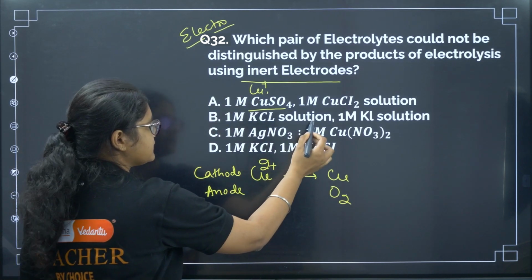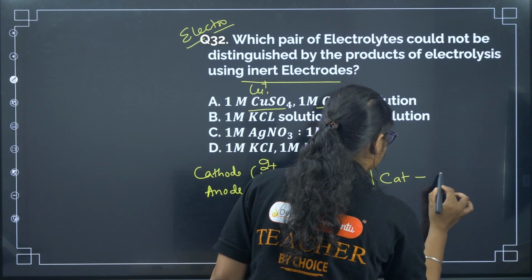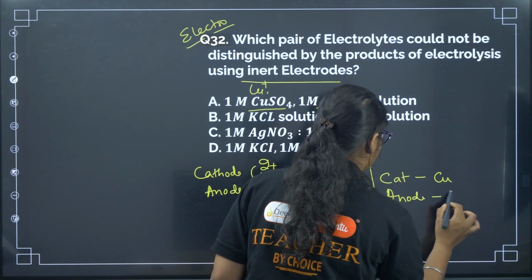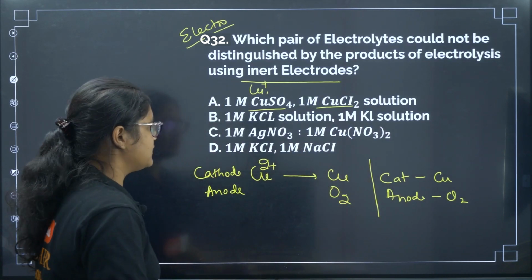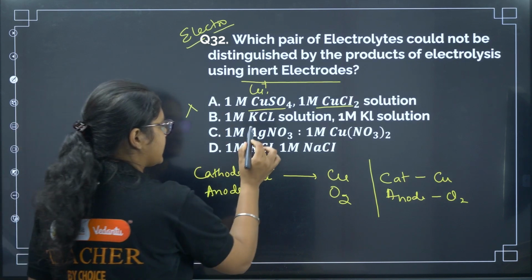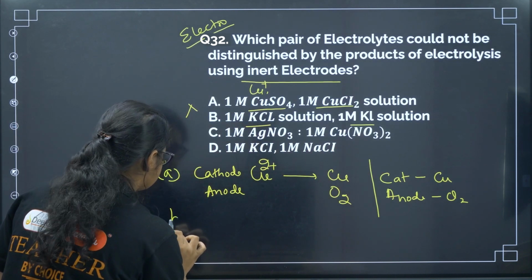Now in the case of copper chloride, what will happen? At the cathode we will have copper, and at the anode we will have chlorine. So the products are different here, so this cannot be the answer. Like that you have to think for all of them. Now if you see KCl and KI, this is option number A. I'll write just the products.